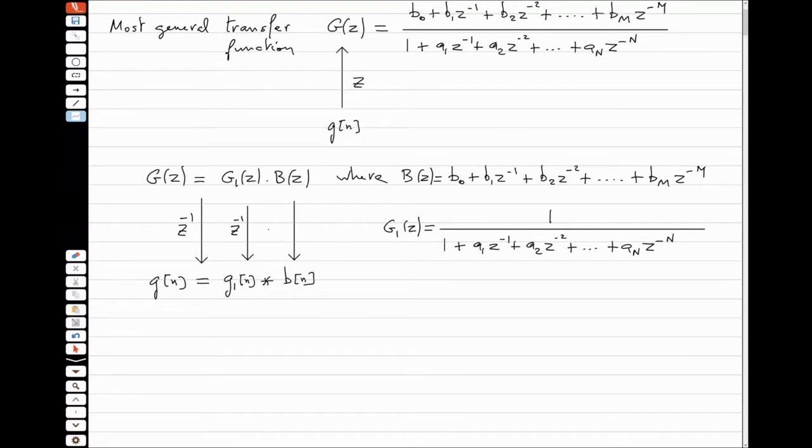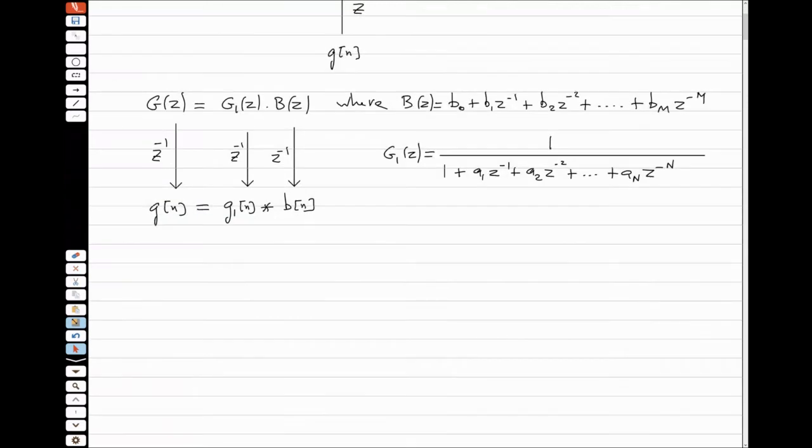So now suppose that we know how to implement the LTI system. This designates the LTI system of impulse response G1 of n. And this one is the LTI system of impulse response B of n.